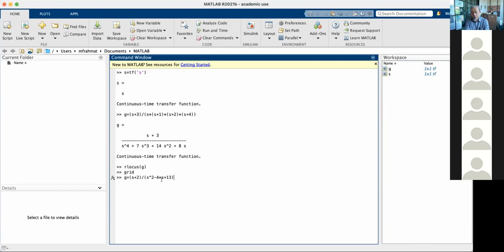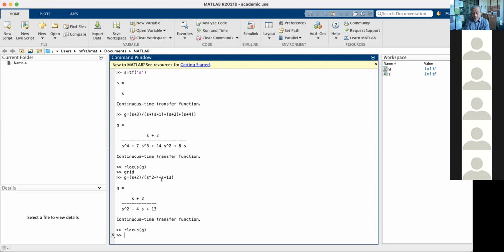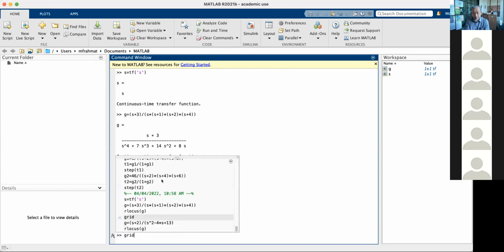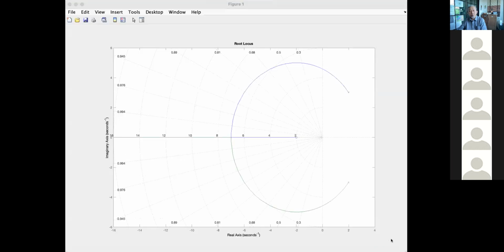Enter. So that is your open loop transfer function, and then find the root locus of G, and then the grid. Then we share the plot. Okay, so that is the plot.